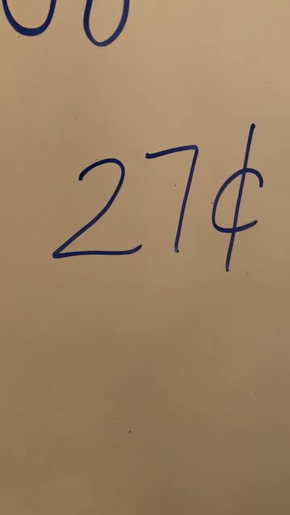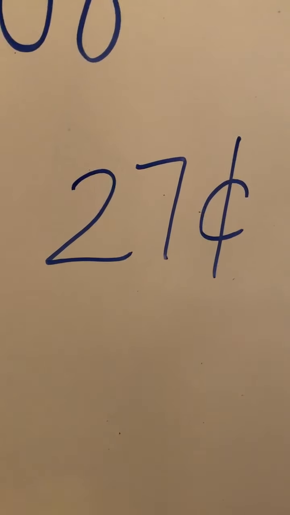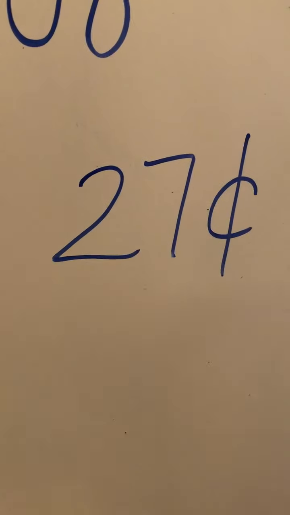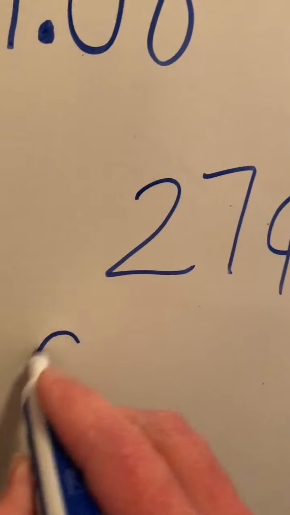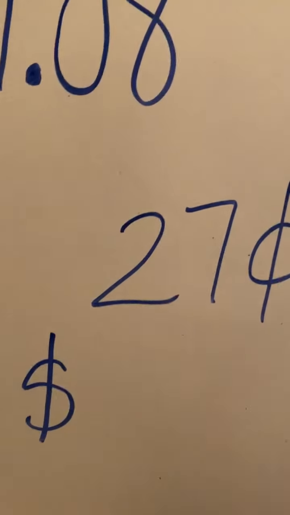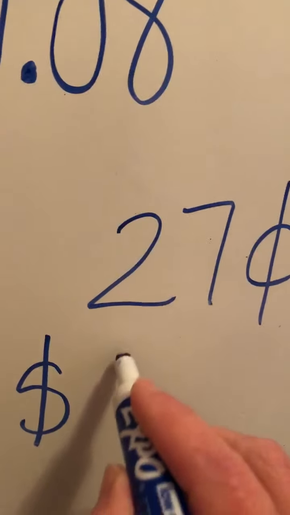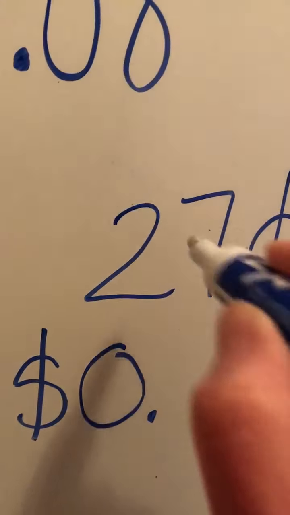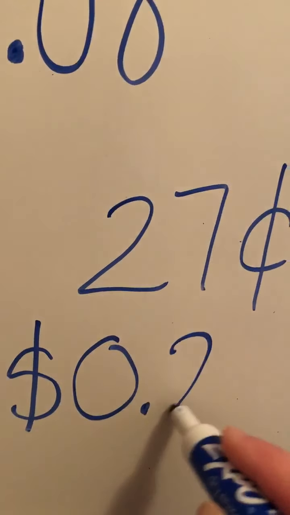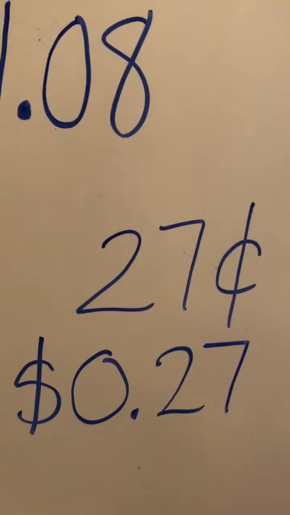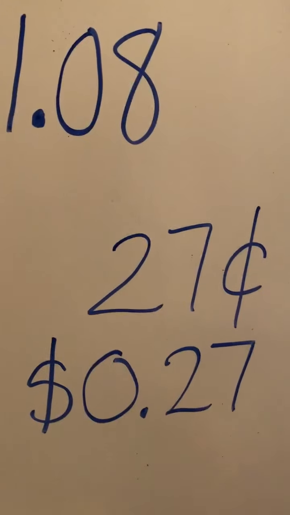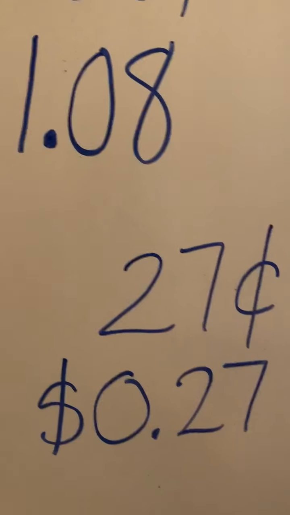So can we show 27 cents using the dollar symbol, even though it's less than $1? Yes, we can, right? So we would do $1. How many dollars? 0. How many cents? 27. Okay? Or let's say you add up an amount that is over $1.